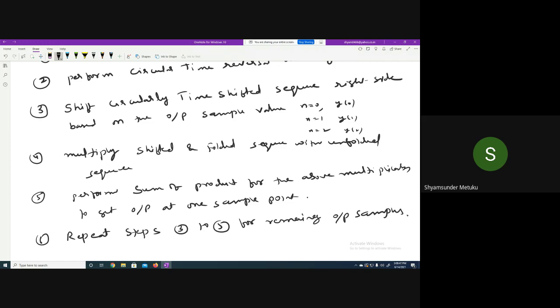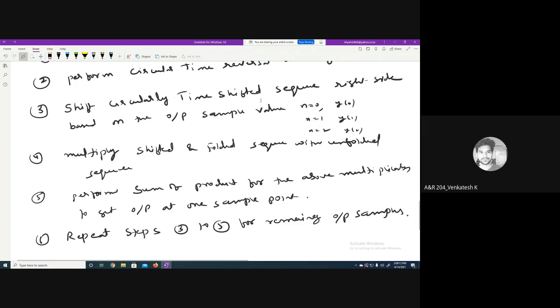So can you tell me what is the difference you found between the steps of linear convolution and the steps of circular convolution? Tell me. What is the difference you found in terms of the steps? Only the second step, right? Instead of linear time reversal, we are performing circular time reversal, isn't it?